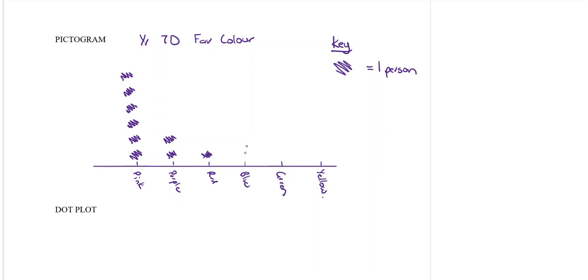Blue is 8. Green was 2. And yellow was 5. Okay, made for an interesting little pattern with those squiggles.